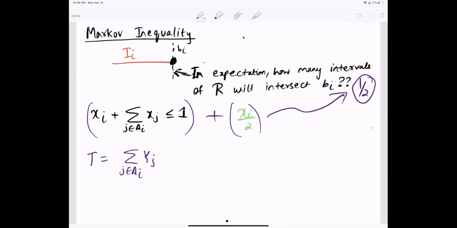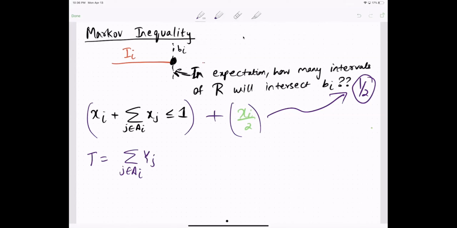You can check that this direction of inequality is correct. This is where I apply Markov's inequality, looking at the probability of T deviating 2 times from its expected value, and that will be nothing but 1 over 2.